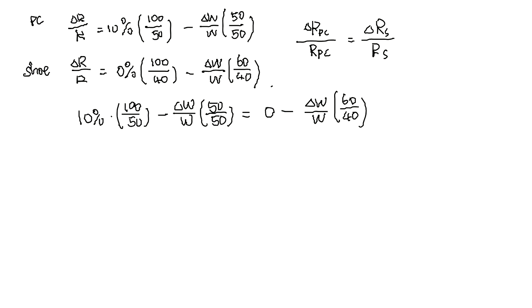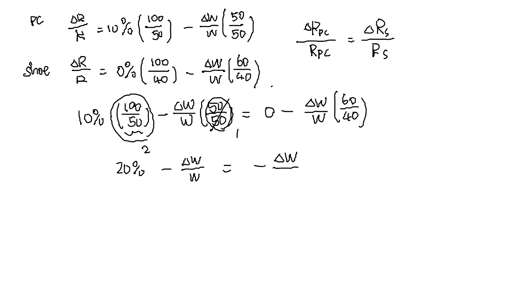So this turns out to be equal to 2. This one becomes 1. So 20% minus this is equal to negative times 1.5. Right? This is going to be this, 0.5.